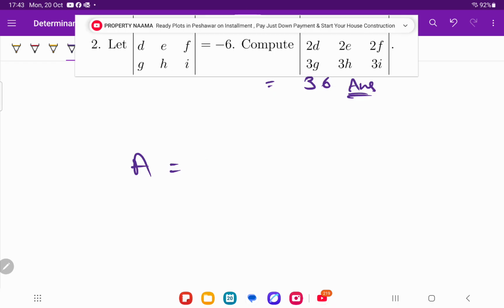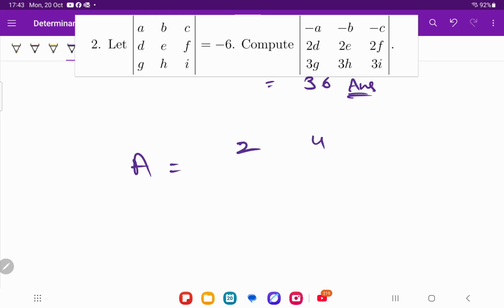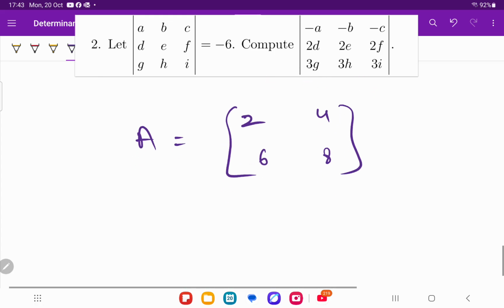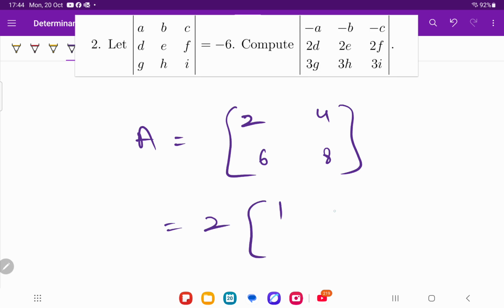If you have 2, 4, 6, 8 in the form of a matrix and you want to take out 2, you will write 1, 2, 3, 4. So all the elements are linked with 2 in a matrix.